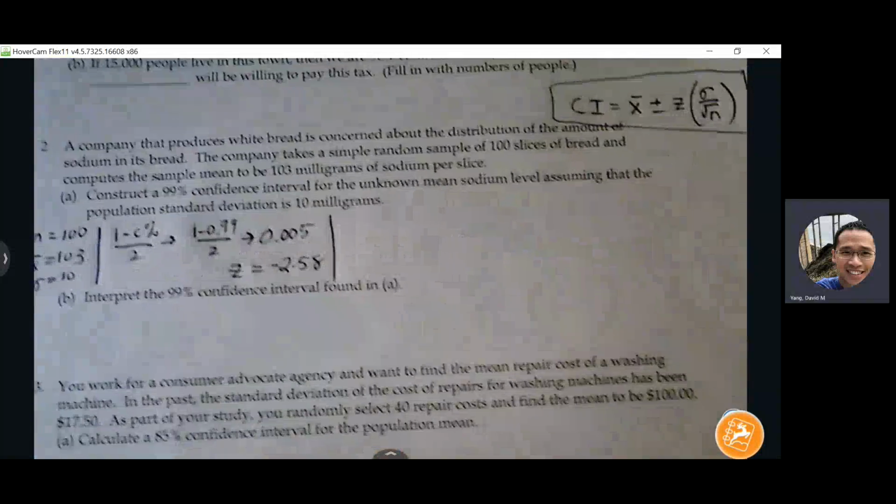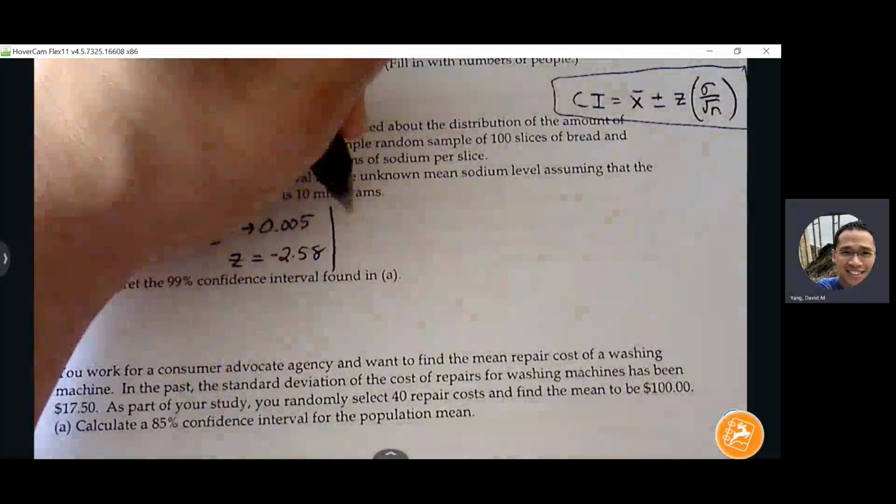Okay, everything we need is in front of us. Put into our formula.